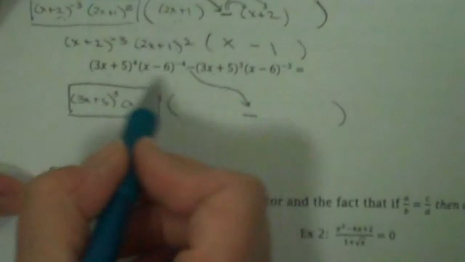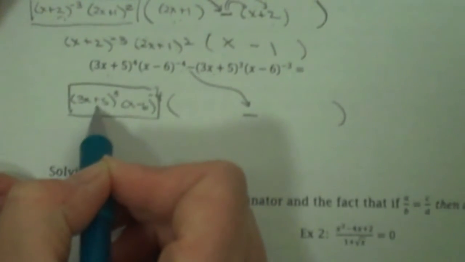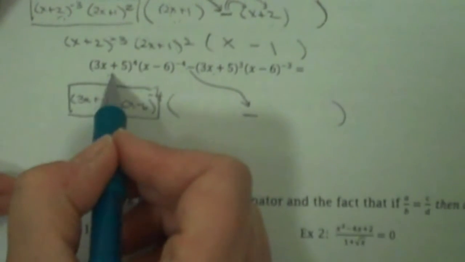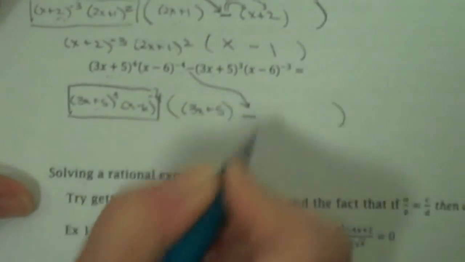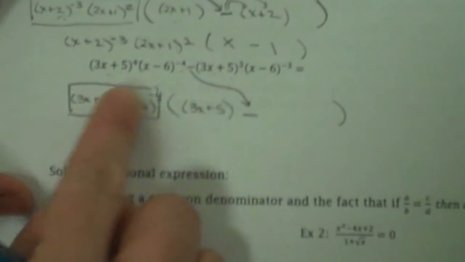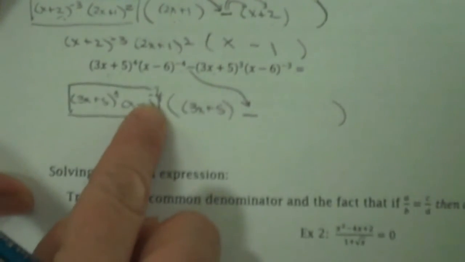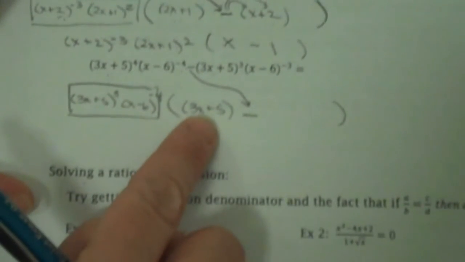So now I'm going to look at this first piece here and divide. So I'm dividing this 3x plus 5 to the third into that. And when I subtract the exponents, I have a 3x plus 5 left here. 4 minus 3 is 1. But negative 4 minus negative 4 leaves me with none of the x minus 6 factors here.